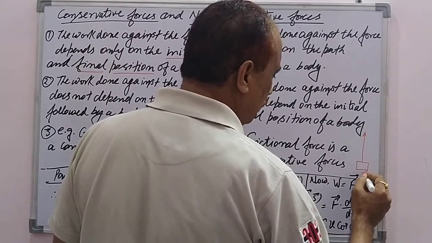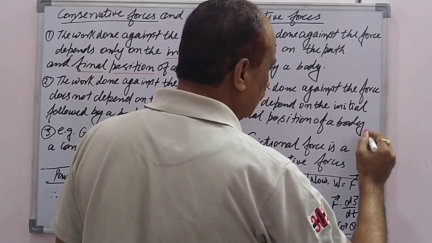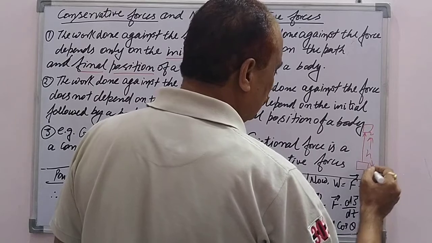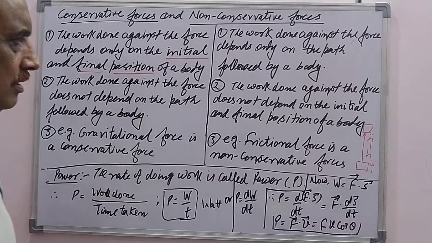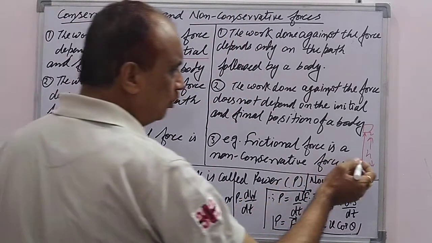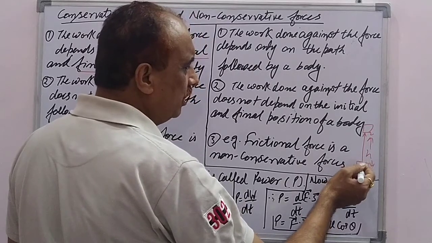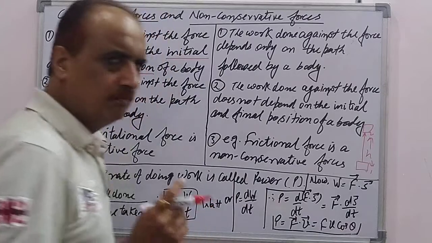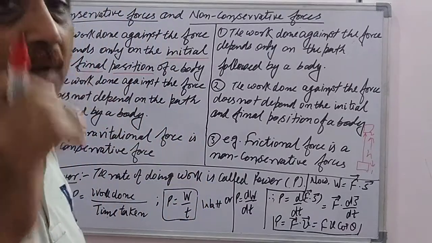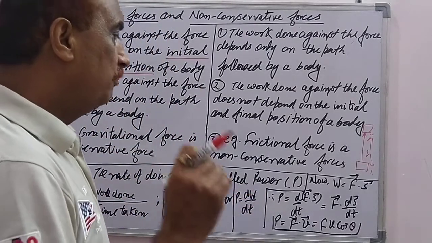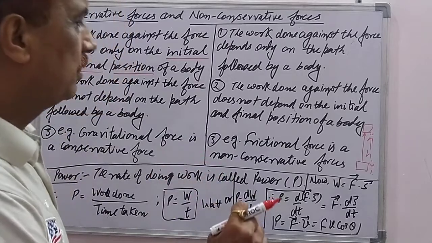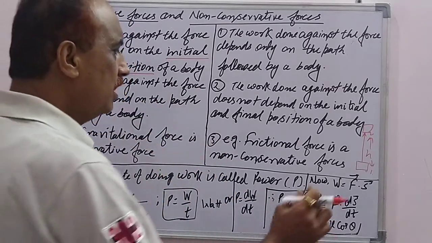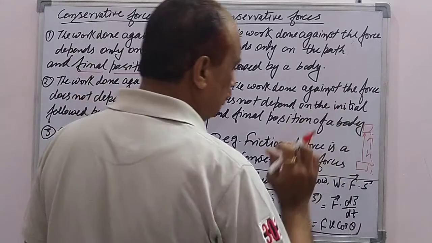When it is lifted from position 1 to another position 2, suppose height h is lifted up from its initial position, it does not depend upon the path by which the body is displaced from point 1 to point 2, but it is only dependent on the initial and the final position of the body.